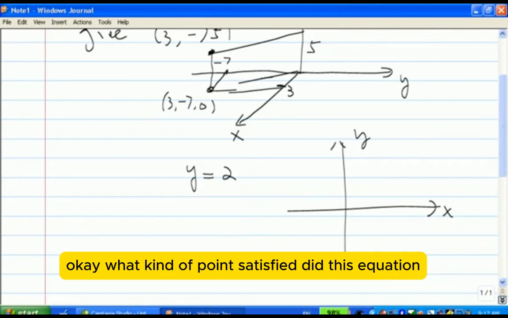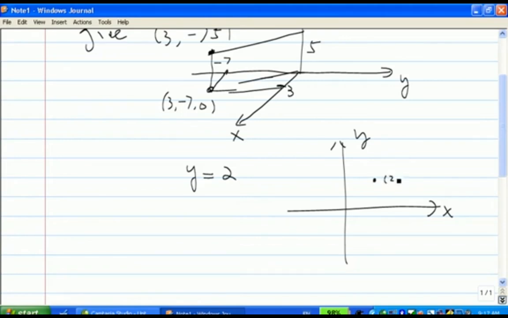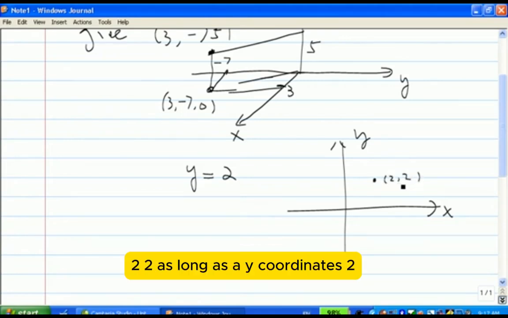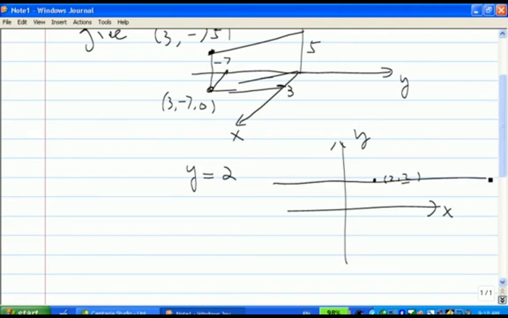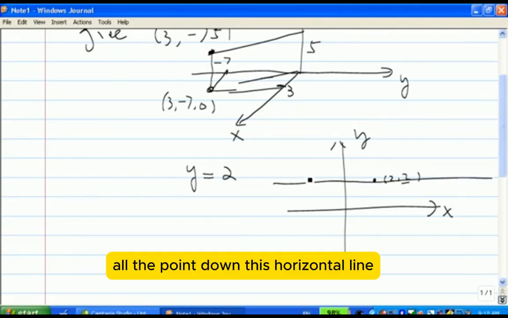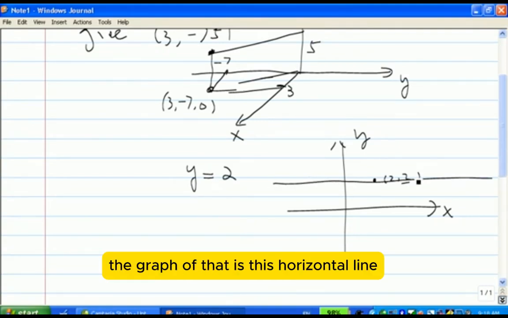What kind of point satisfies this equation? For example, this point, say 2, 2. As long as the y coordinate is 2, they will satisfy this equation. So obviously, all the points on this horizontal line have their y coordinate equal to 2. So y equals 2, the graph of that is this horizontal line.